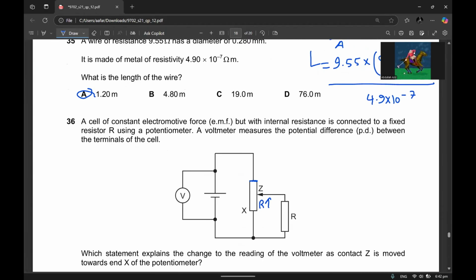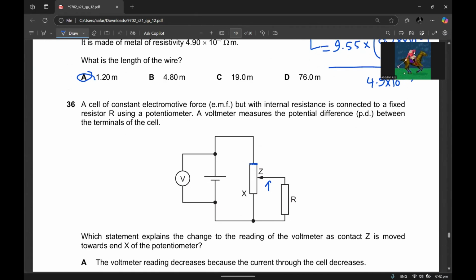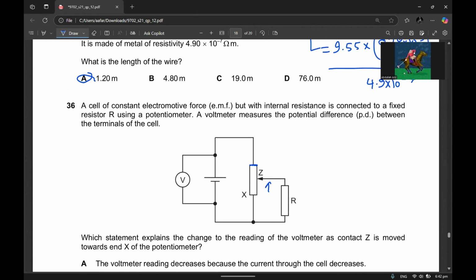Since it's a fixed resistor R. Okay, same thing. If you're moving towards end X, its resistance is increasing.